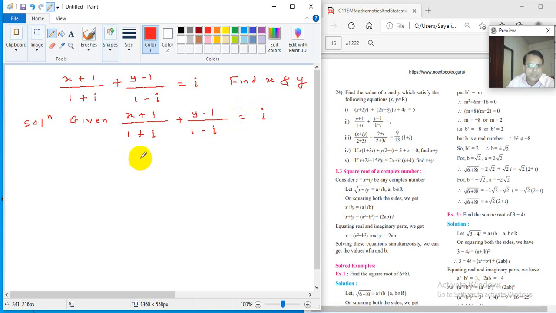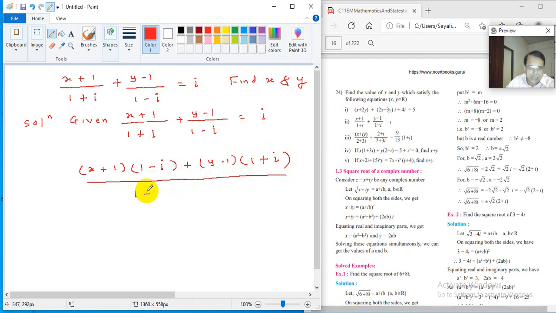So what you can do is cross multiply here. This is addition, the usual addition. So cross multiplication gives you x plus 1 into 1 minus i plus y minus 1 into 1 plus i, whole thing divided by 1 plus i into 1 minus i, and this is equal to i.